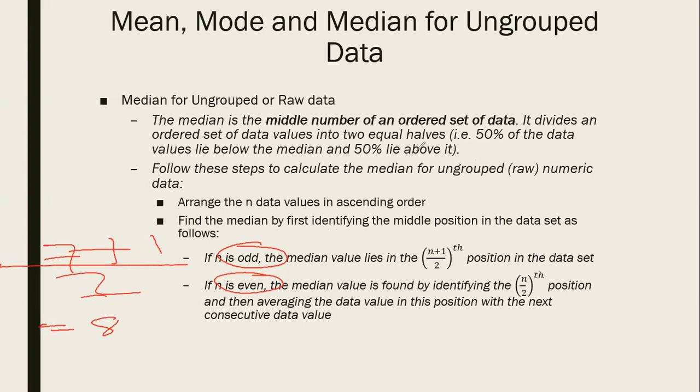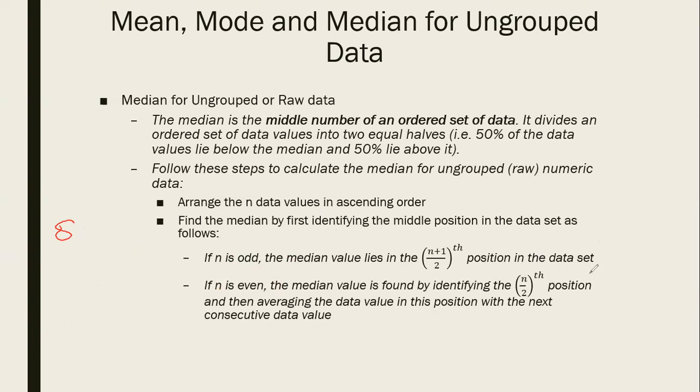Then if it is an even number, like if the students are 8, you have to first find the n over 2 position. In this case, if there are 8, you find the 8 over 2 position, which is the 4th position. Then when you find this 4th position, you average the data in this position with the next consecutive data.